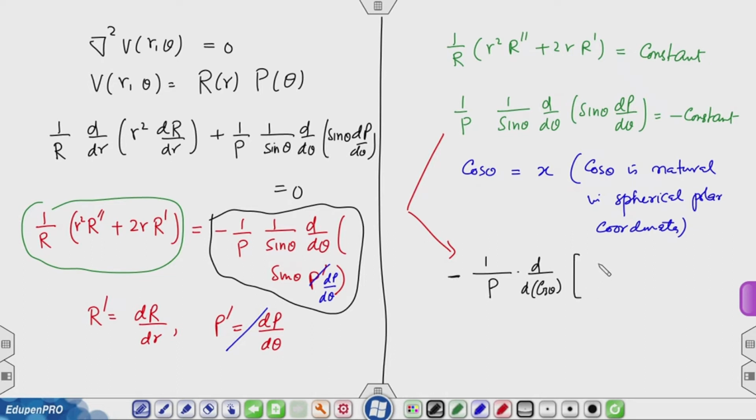Inside I am going to write sine square theta dP d cos theta, again with a minus sign here, and this would equal minus this constant.